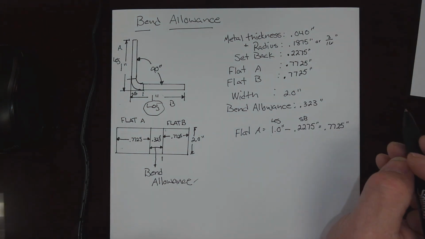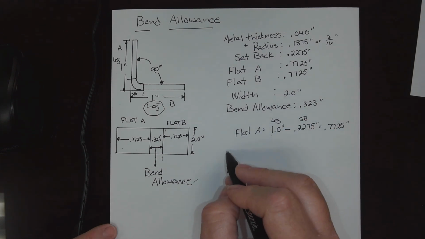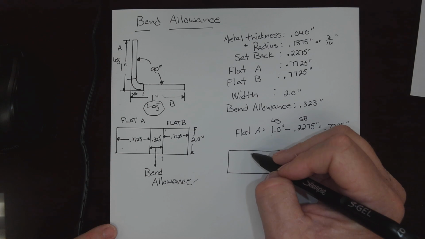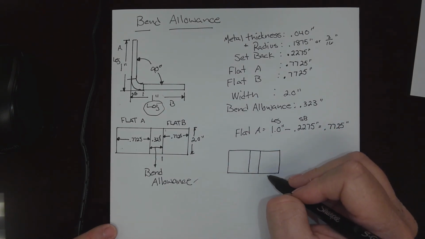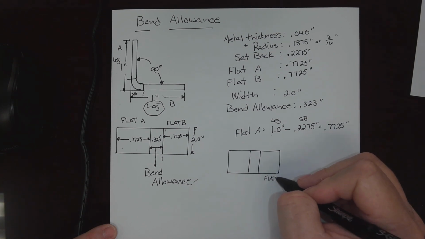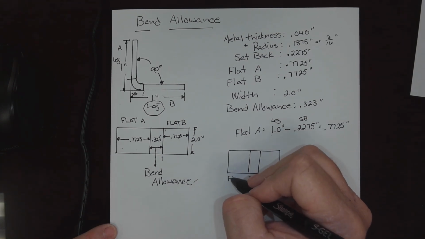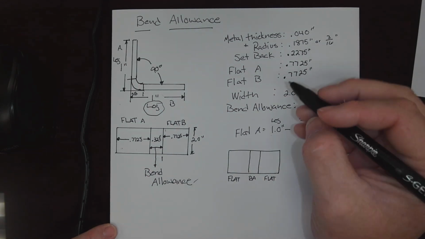Now we've got one other thing we need to put in. And I'm going to draw, and this will be kind of loose and probably not so pretty, but I think it'll be a little bit cleaner. If we were to go back and label this, remember this is a flat, this is our bend allowance, this is a flat. We've got those dimensions.